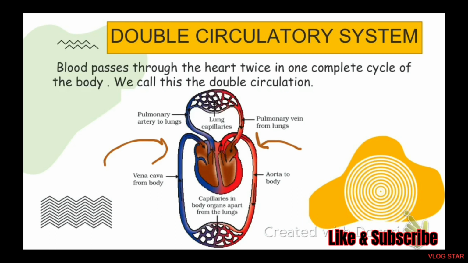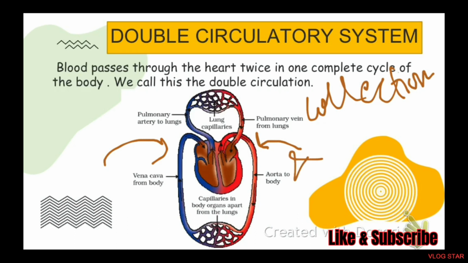Once the blood is being purified in the lungs, the lungs don't do the job of sending it to all the parts of the body. It is the duty of the heart to distribute also. So the collection and distribution of blood is the role of the heart.